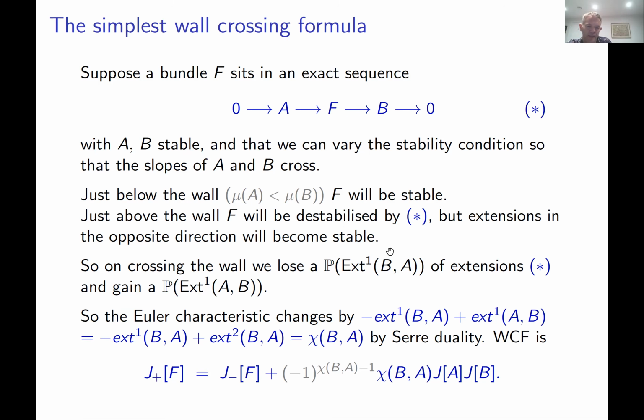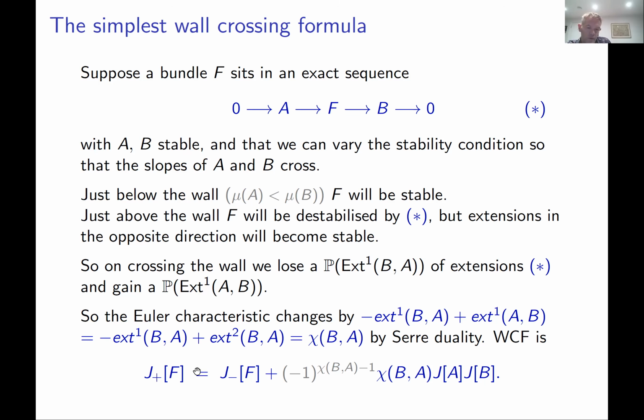This computation can be done over the moduli space of A's times the moduli space of B's. So when I just did the computation at a point, when you then allow A and B to vary, you get the Euler characteristic of A's moduli space and the Euler characteristic of B's moduli space. So you end up with this formula. And so this is the simplest possible wall crossing formula.